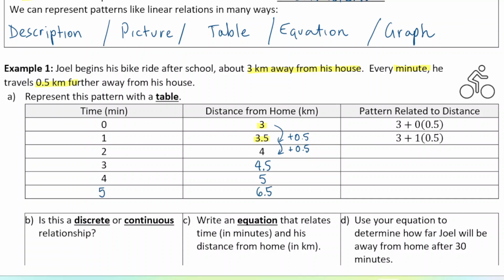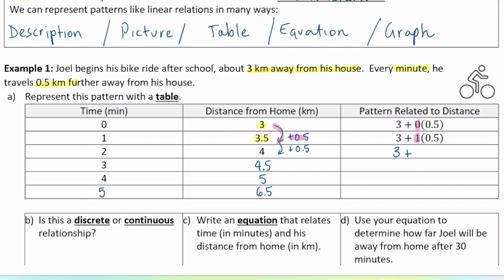The pattern here is what's going to help us come up with the equation in a second. So we've started at 3, and then the number of times I've increased by 0.5 is dictated by how many minutes have passed. So at the beginning, it's 0 times 0.5 because I'm just at the start. And then once I've added on 1 minute, it's going to be 1 times 0.5.